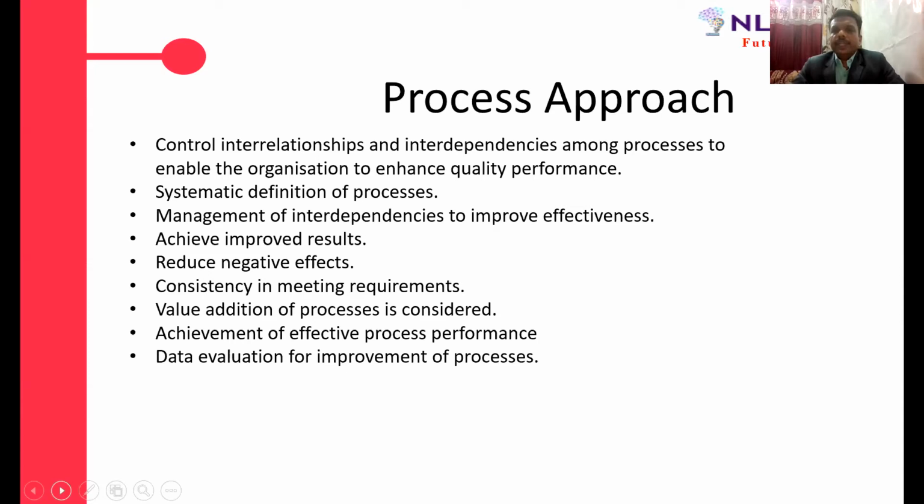They have to bring in all the raw material into the organization first. And then these have to be processed based on customer requirements. So there has to be a systematic definition of the process, of how processes have to be done.